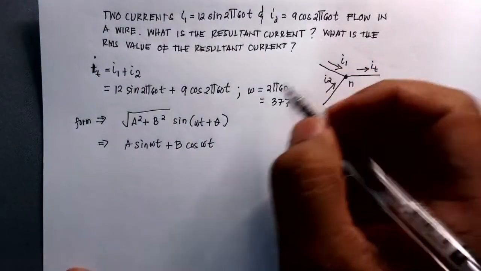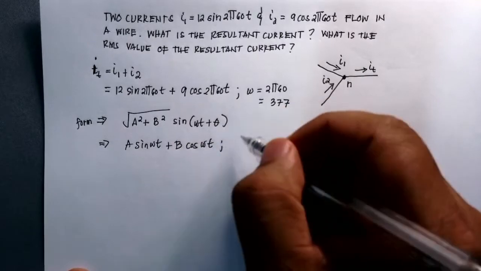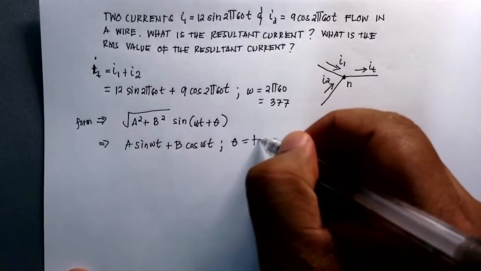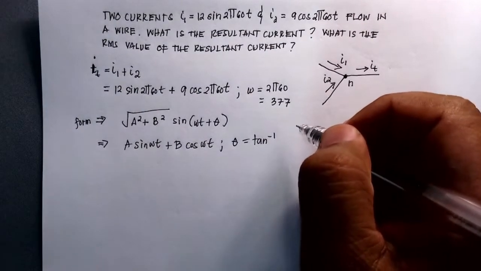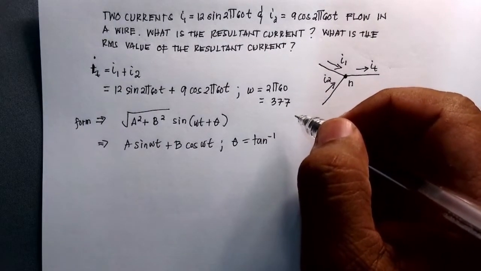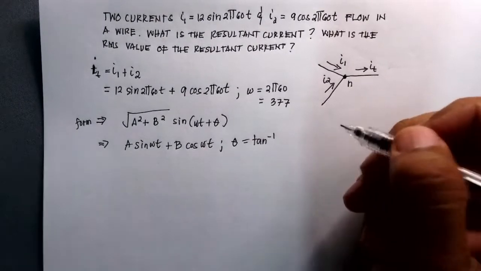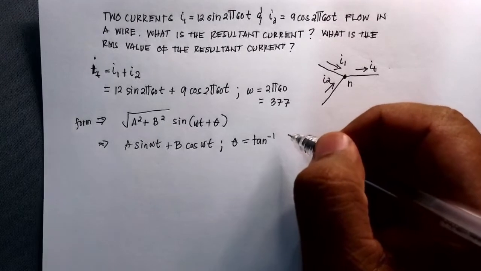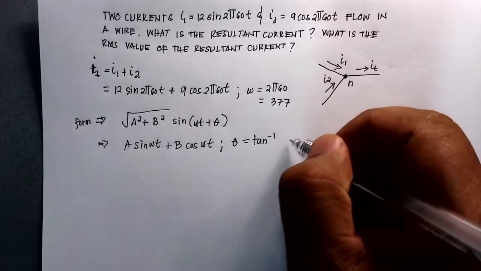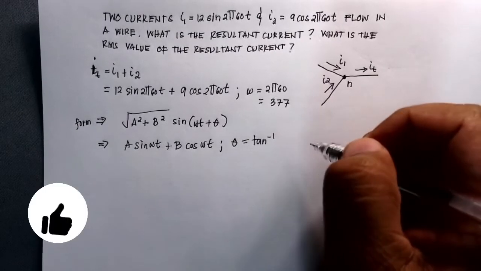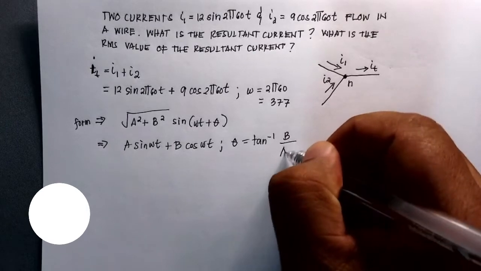So we just have to get the value of theta, and theta is actually the inverse tangent of b over a.